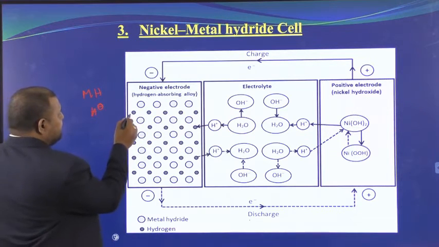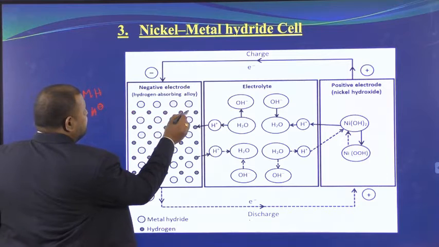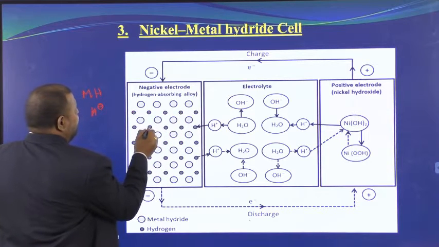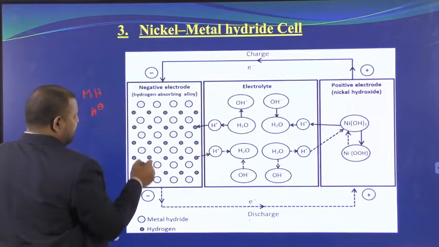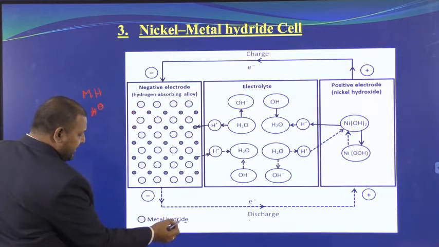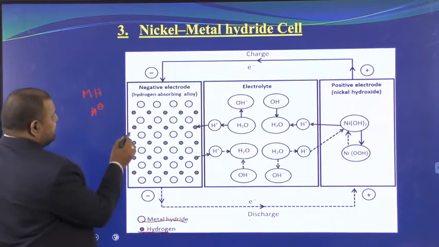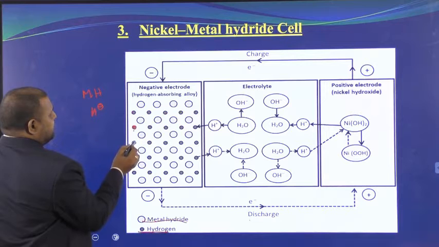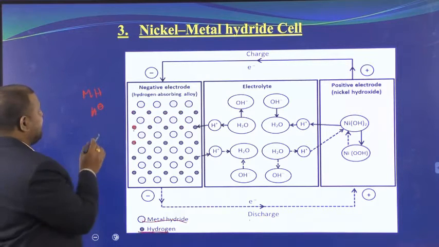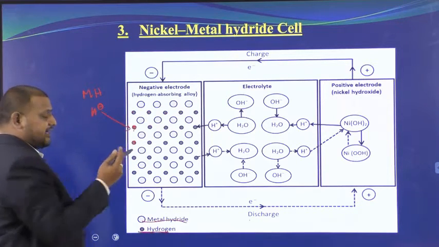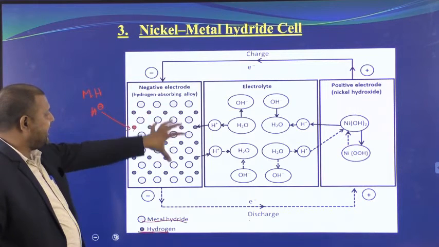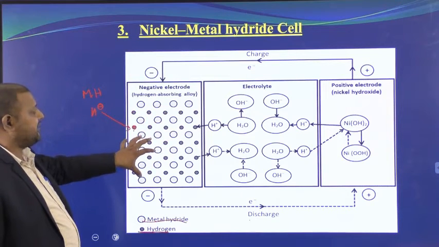If you see the small dots, you can think of them as metal ions, and these large ones, so you can see metal hydride, and this is hydrogen. So these small circles are hydride ions. They should be trapped within the gaps of this metal hydride.